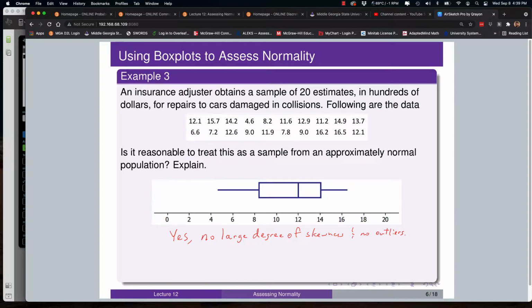It might mean that we probably should look at a histogram of this as well. Relying on one graph type alone sometimes is also a bad habit people have. They go, oh, I can just make a box plot and move on with my day. Sometimes you might want to make a histogram or some other kind of graph to help you determine this further. I'm going to show you one later that's the best of the bunch.